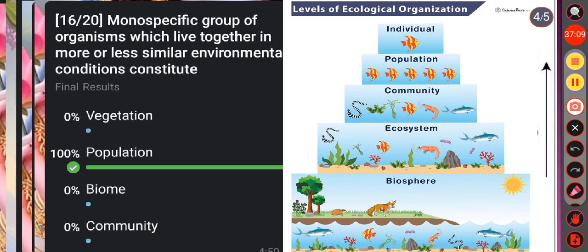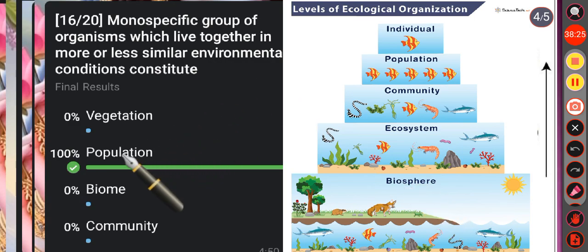Then what is community? When different groups of species are living in the same area, it constitutes the community. What is ecosystem? In an ecosystem, the community of organisms and their physical environment interact together. Then in the broad sense, that is the biosphere. Biosphere is also called ecosphere, that is the worldwide sum of all ecosystems, called biosphere, right?